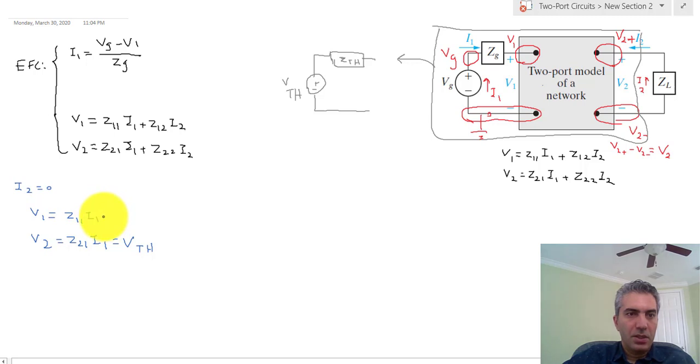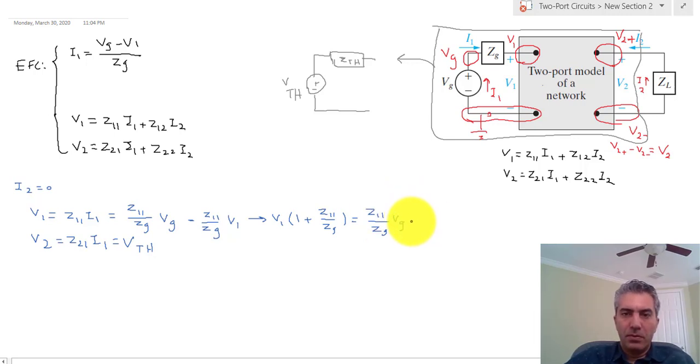this equation right here, I can replace I1 here, which gives me Z11 divided by Zg Vg minus Z11 divided by Zg V1, and move this to the other side, so V1 times (1 plus Z11 over Zg) is equal to Z11 over Zg Vg.